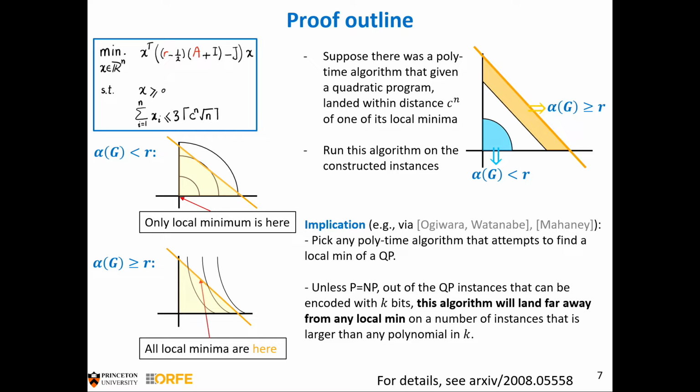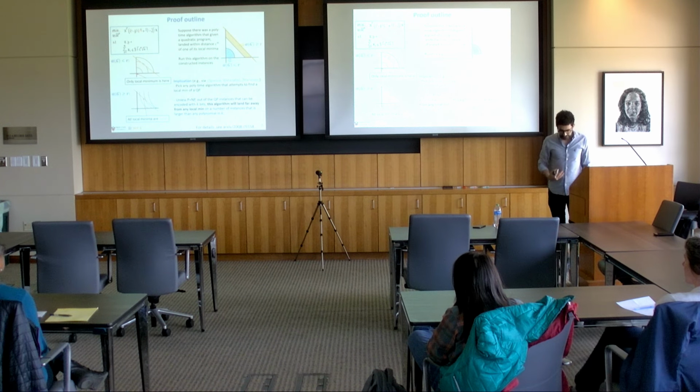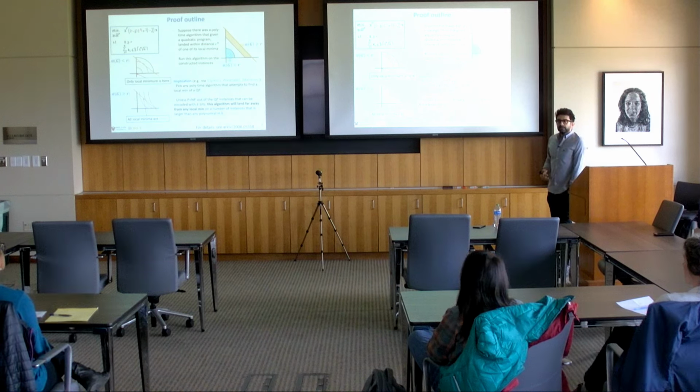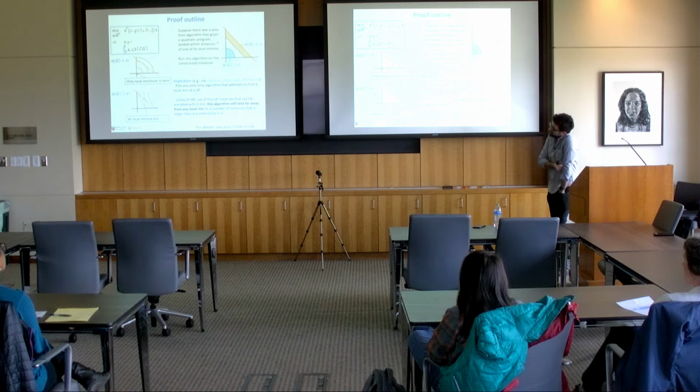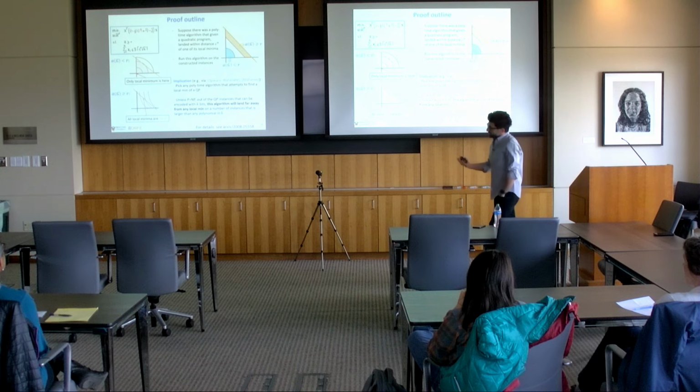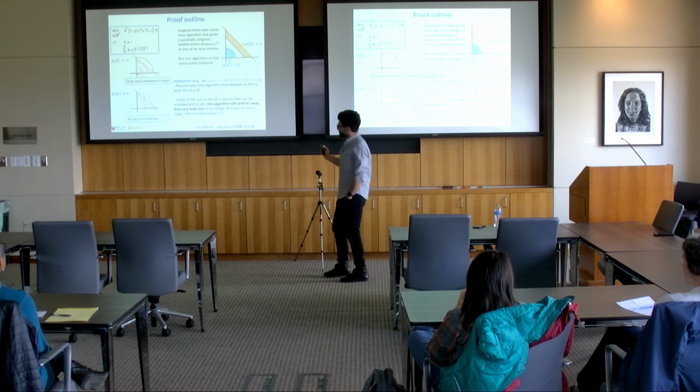I just fixed one algorithm, but you could have fixed another one, right? So going back to my beginning slides, the intuition that local minima are easier to find, at least for quadratic programs, is incorrect, at least in this sense of complexity. And even getting close to local minima could be as hard as finding global ones.